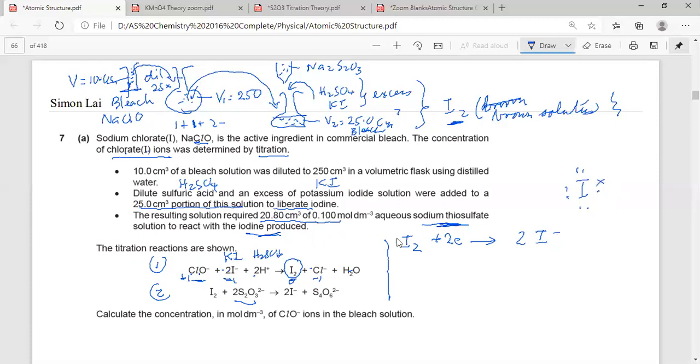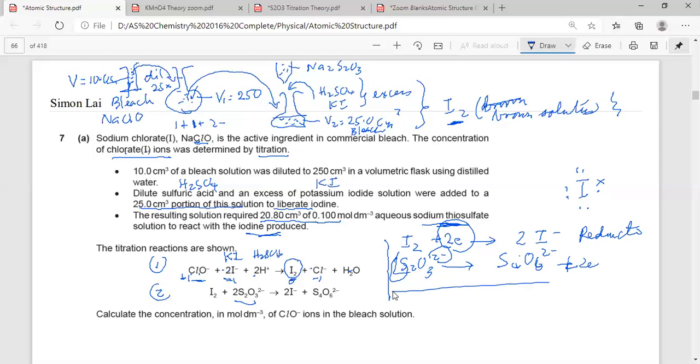But this one comes from where? Thiosulphate. Thiosulphate loves to give electrons, so it's a reducing agent. This is the reduction here. Then of course the S2O3 2 minus will go to S4O6, also 2 minus. So 2 times 2 minus is 4 minus, so it lost 2, so plus 2 electrons here.